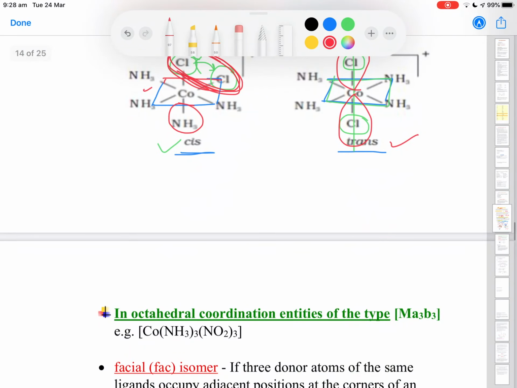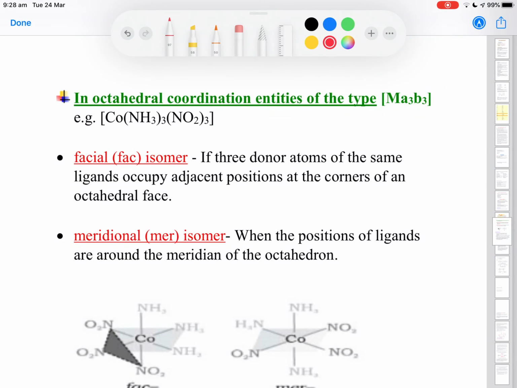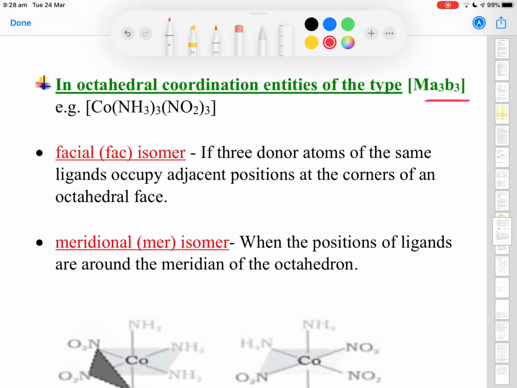But here they are equal in ratio. That is, both the ligands are 3 in number. So in this type of complex, M here stands for the metal atom, A is one type of ligand, B is another type of ligand. So both the ligands are 3 in number. So this example is highlighted over here.